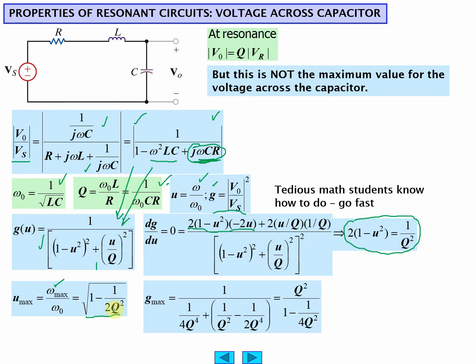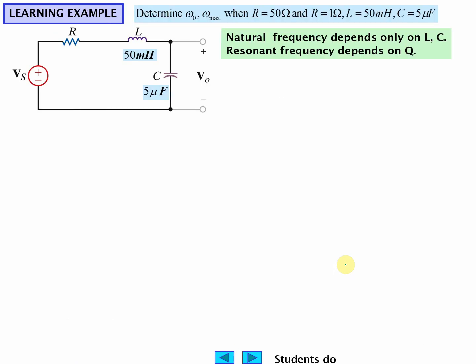Okay, and now substituting this back into the expression for G right here. Substituting it back in, you get this expression. It depends on the resistance. So the voltage across the capacitor is a little bit different.